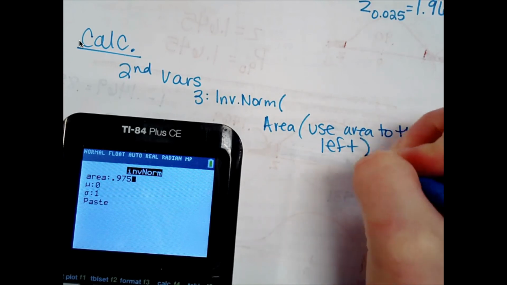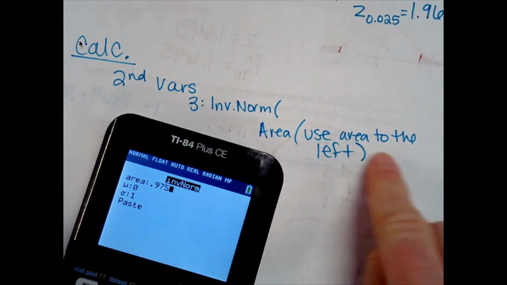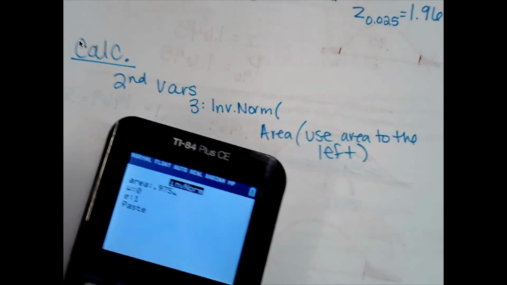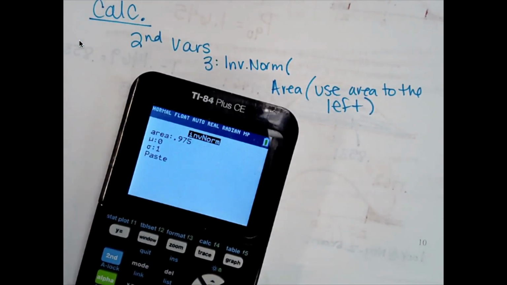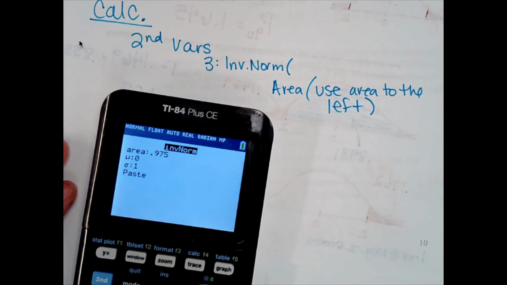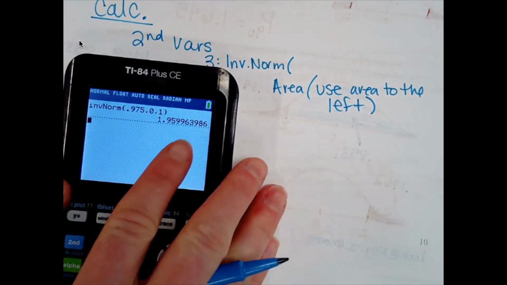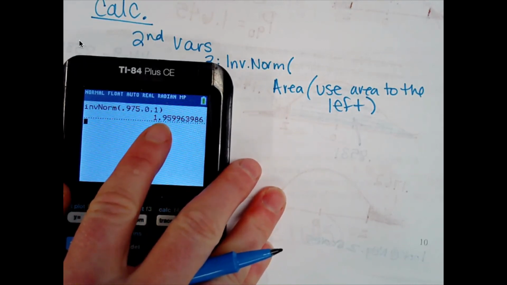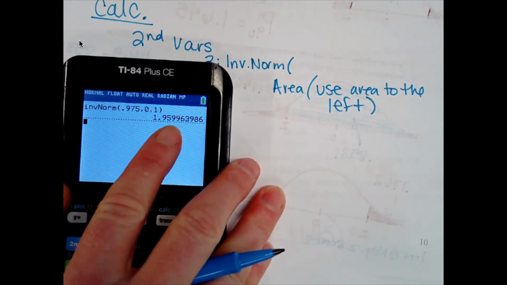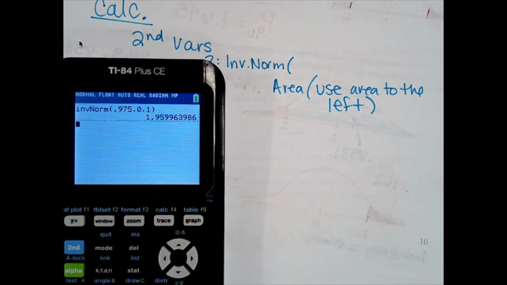Right now, our mean and our standard deviation are the same, so then paste. And this gives the exact 1.95996, and so on. Our table rounds for us to 4 decimal places. So you can use the table or you can use the calculator. Just make sure you pay attention to what it's asking you to round to.